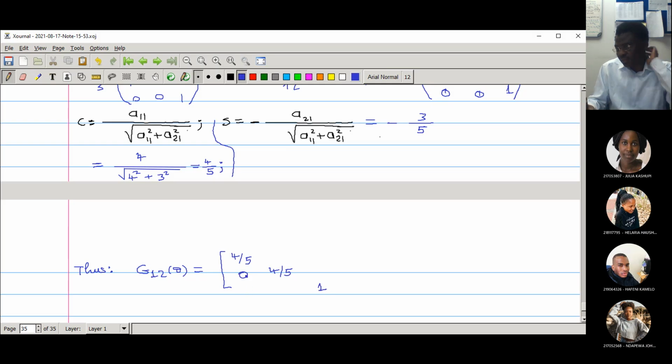Here you have S, and S is negative 3 by 5, and then you have the negate of that, minus S, which is 3 by 5. And the remaining entries are all zeros. Remember, we are modifying the identity matrix.